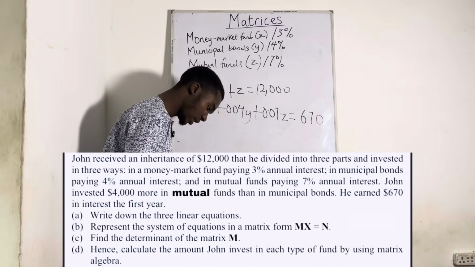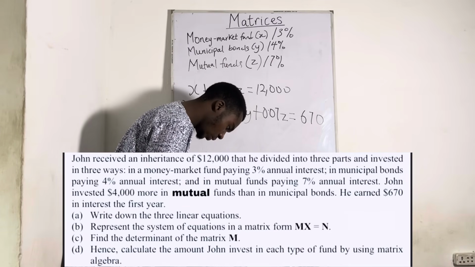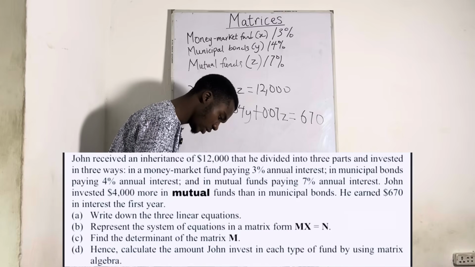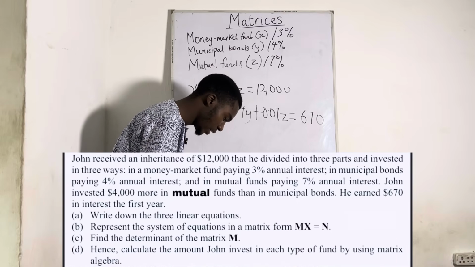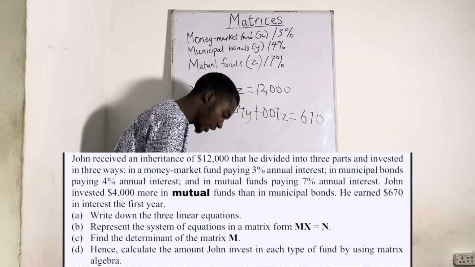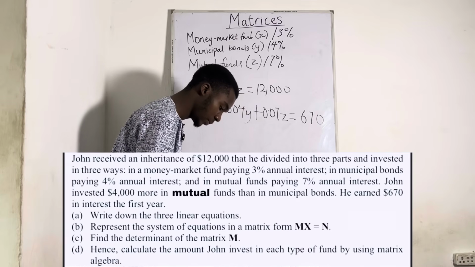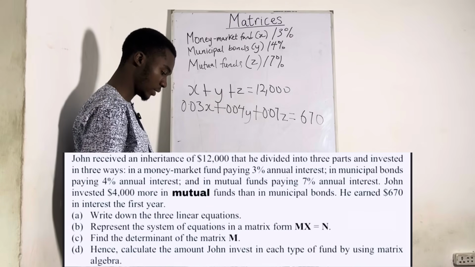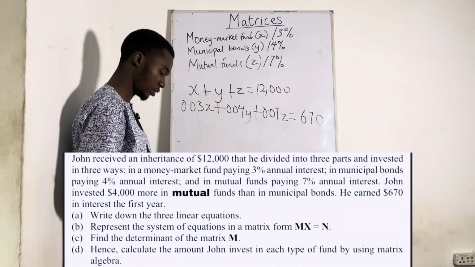What other information did the question give us? So I take the question again. John received an inheritance of $12,000 that he divided into three parts and invested in three ways: in a money market fund, paying 3% annual interest; in municipal bonds, paying 4% annual interest; and in mutual funds, paying 7% annual interest.